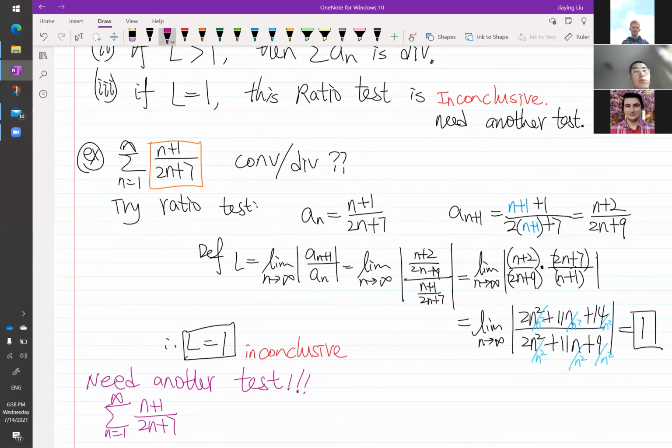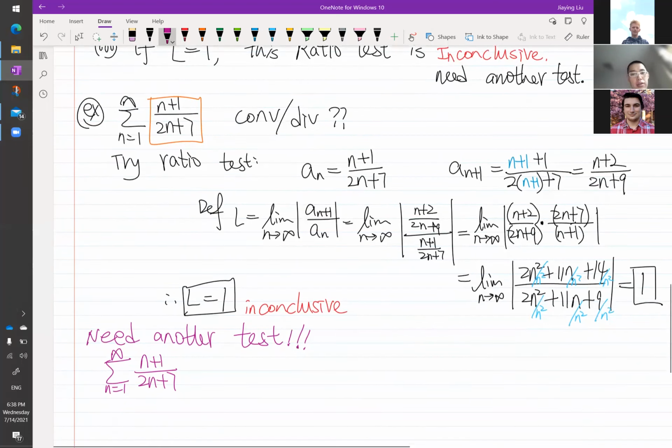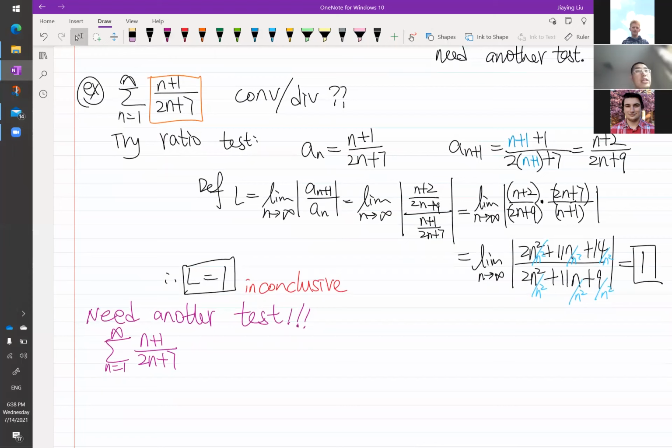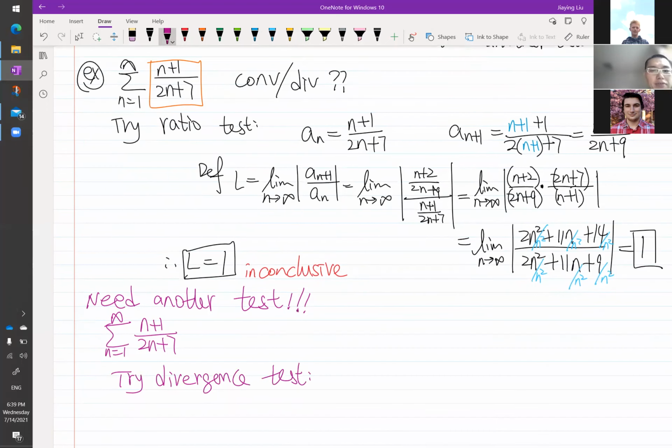There's one test that's really easy, which is the first one that you learned, the divergence test. So try the divergence test, which is simply taking the limit of a_n as n goes to infinity, and let's see what that gives you.